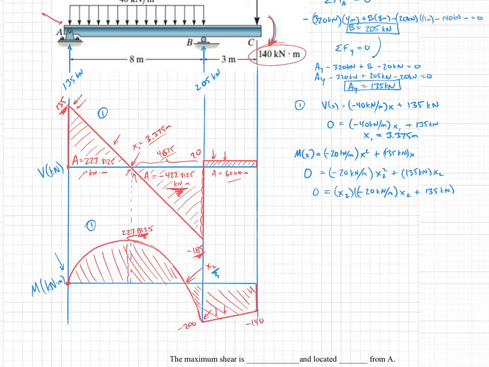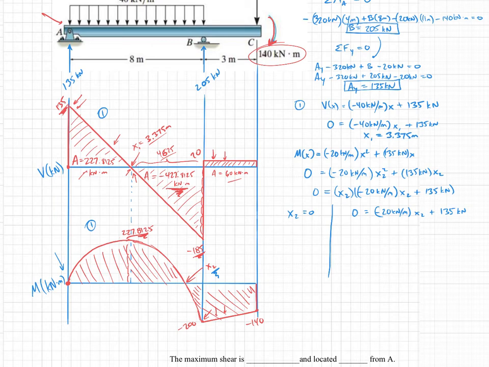Right, so that's kind of our two solutions. You remember in high school you split this in half, usually you draw a little line like this. So one of them is x2 equals 0, and the other one is 0 equals negative 20 kilonewtons per meter times x2 plus 135 kilonewtons.